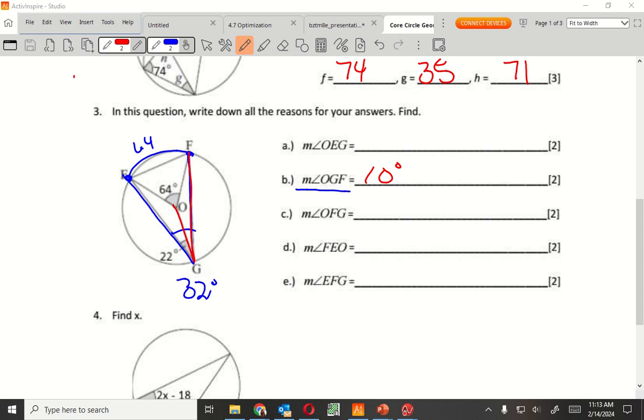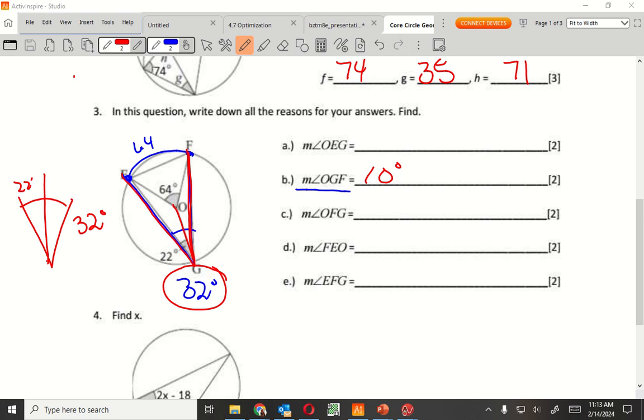How would this be 10 degrees? Okay, are you ready? Let's look. All the way from here to here we said was 32, right? But from here to this way, this one was 22 on this side.